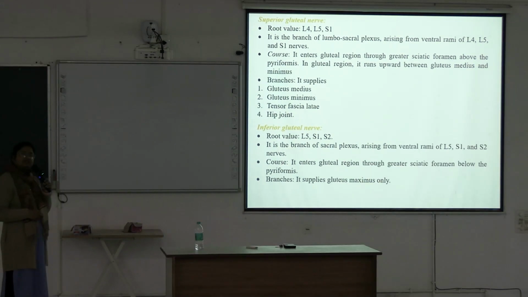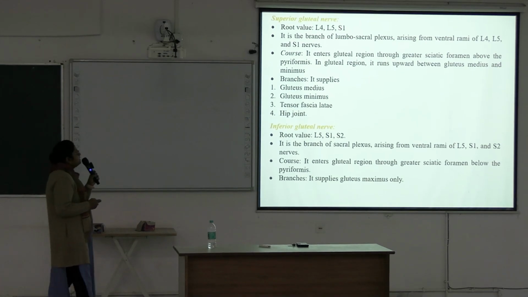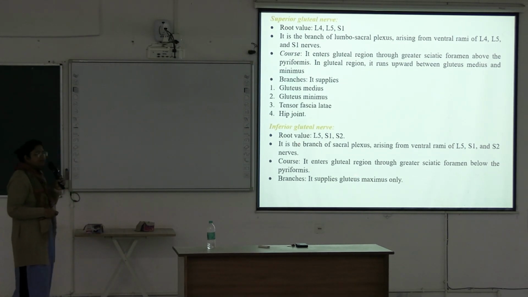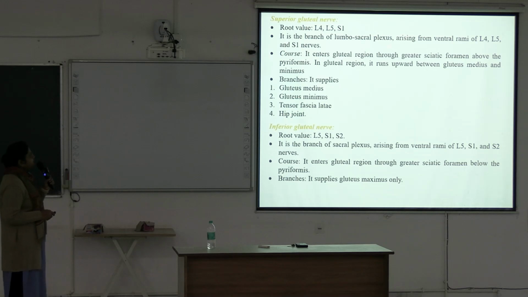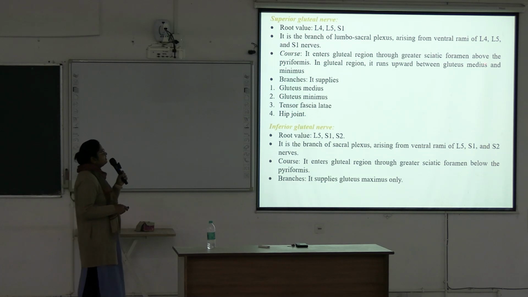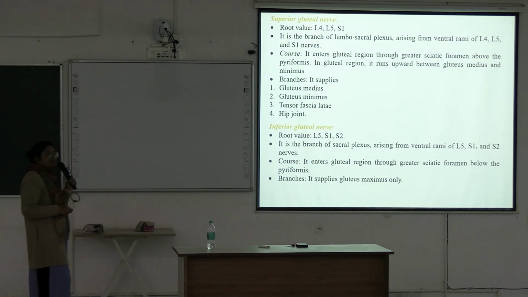So individual branches we can discuss. Root values are asked in your MCQs, all these nerves. So superior gluteal nerve L4, L5, S1. Inferior gluteal L5, S1, S2. Okay, one segment below. Superior gluteal nerve, branch of lumbosacral plexus, arises from ventral rami of L4, L5, S1, enters gluteal region through greater sciatic foramen above piriformis, and in gluteal region runs upward between medius and minimus, supplies medius, minimus, tensor fascia lata, hip joint.